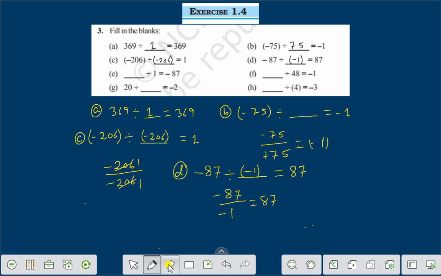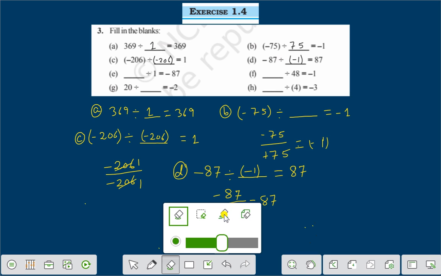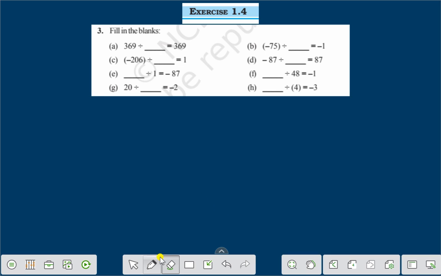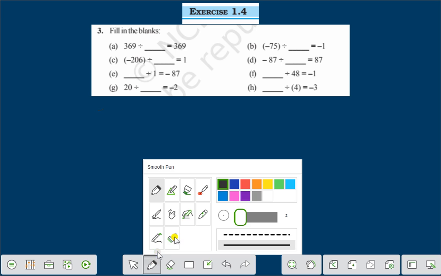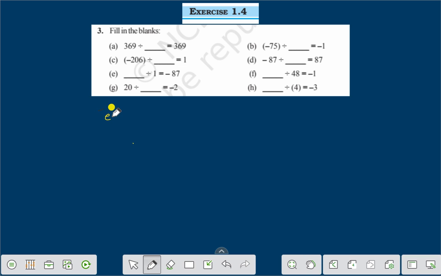Now question number E. Now we solve question number E. Question number E is dash divided by 1 is equal to minus 87, right?